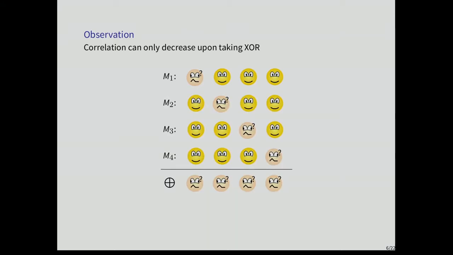So in the second half of the talk, the strategy that we will use is we will create k different games where in each game a different player is chosen to be singled out, and we will make that player's reply uncorrelated with the replies of the other players. And then if we take the XOR of these k games, we will achieve a situation where all players' replies are uncorrelated with each other.